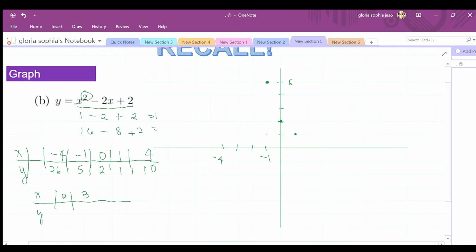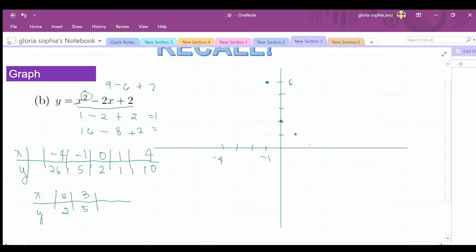So, pag 2, 2 squared, so 4, minus 2 times 2, so 4 din, so 2 na lang. Okay? Pag 3, so 3 squared, so 9, minus 2 times 3, so that's 6, plus 2. So, 9 minus 6 plus 2, that's 5. Ayan. So, pwede natin itong i-graph.